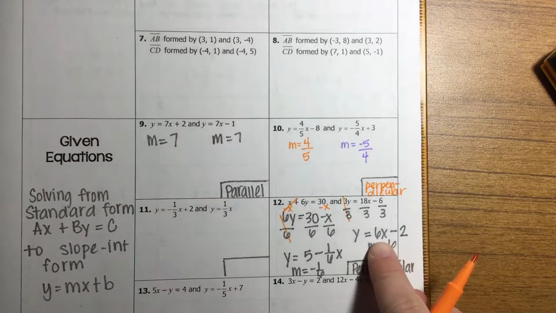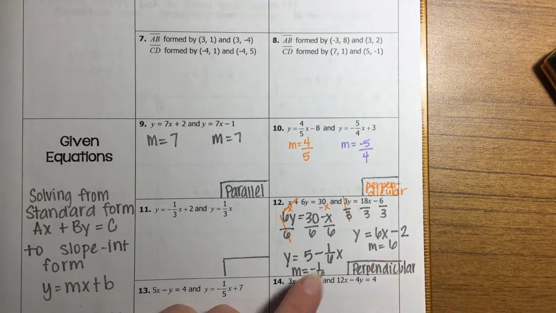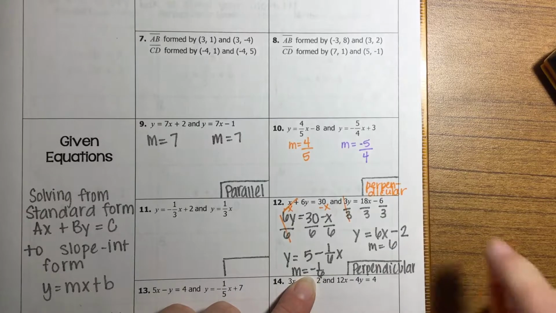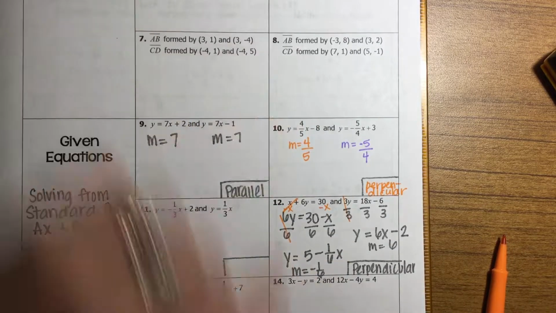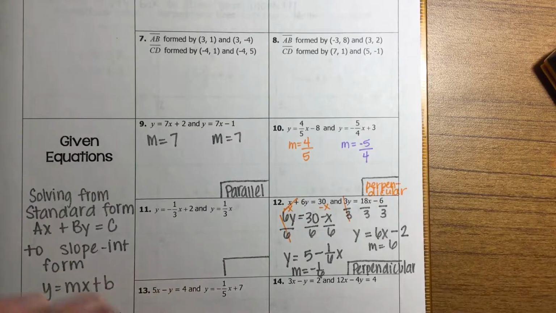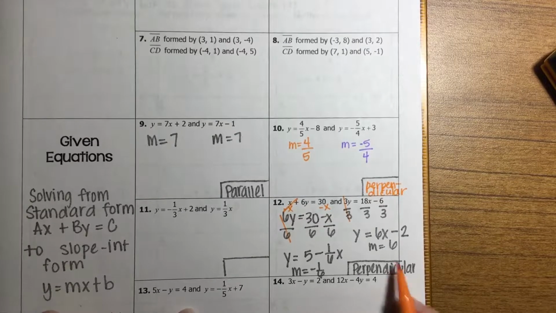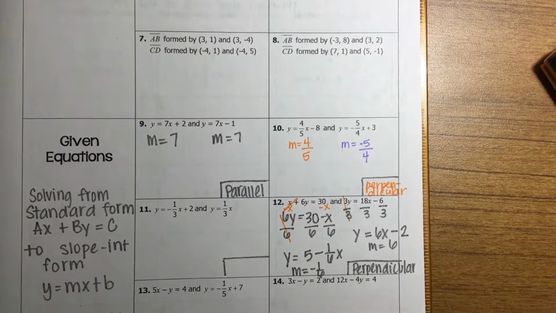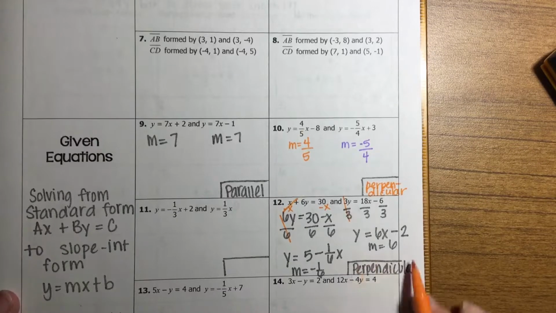So my slope in front of that x is 6. So my sign changes. I go from negative to positive, and my 1/6 flips, and so it is now 6/1. So both rules apply. The fraction's flipped and the signs switched, so it is a perpendicular set of lines there.